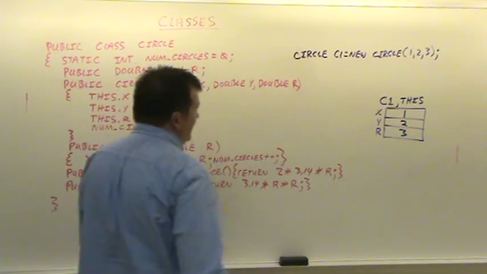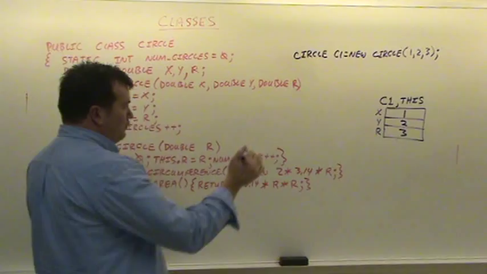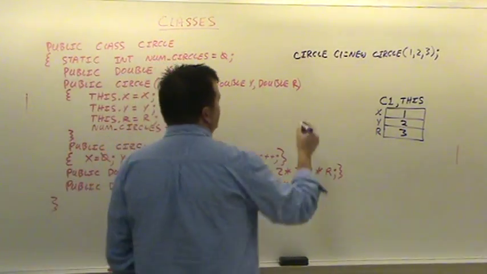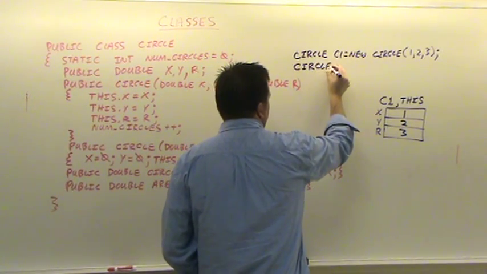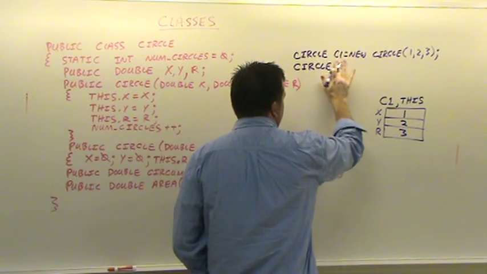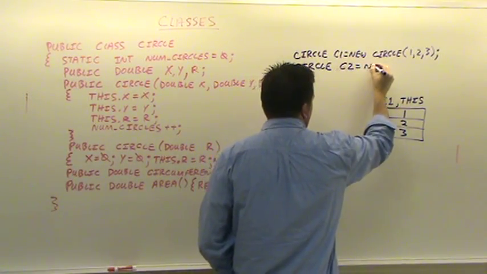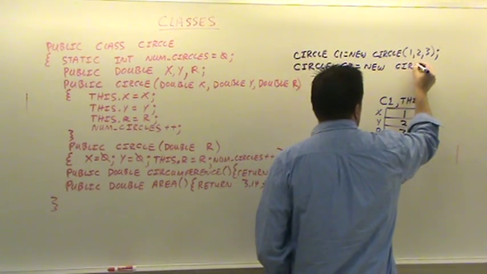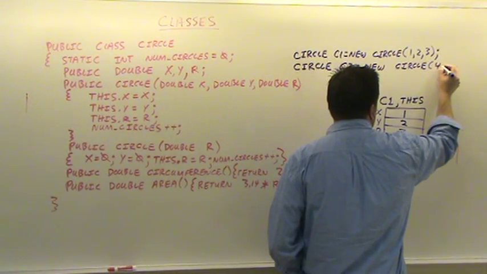So suppose now we decided to, again, what's in purple is like in the main part of your program. Suppose we had another circle. Circle C2 equals new Circle 4.